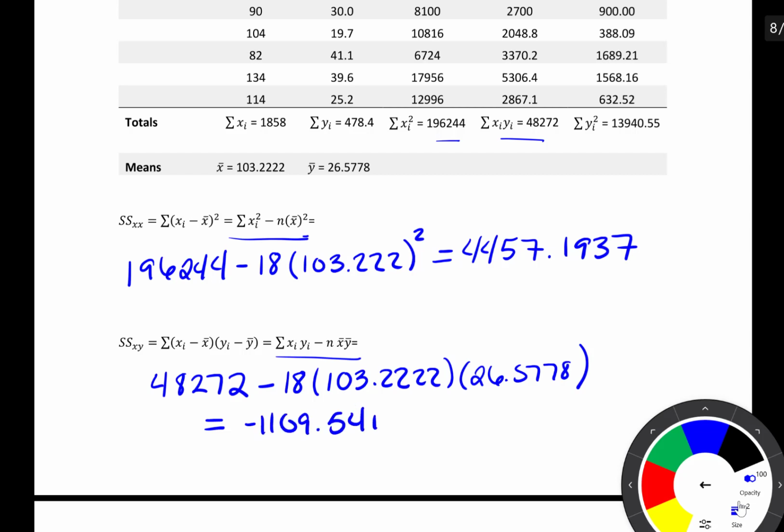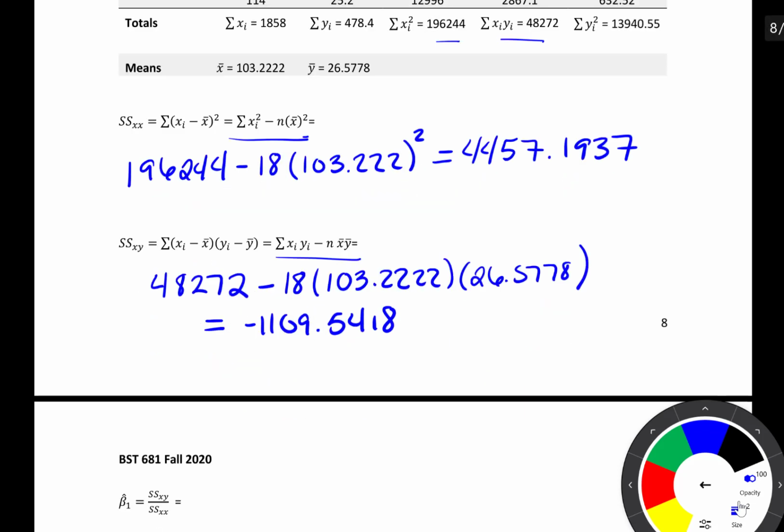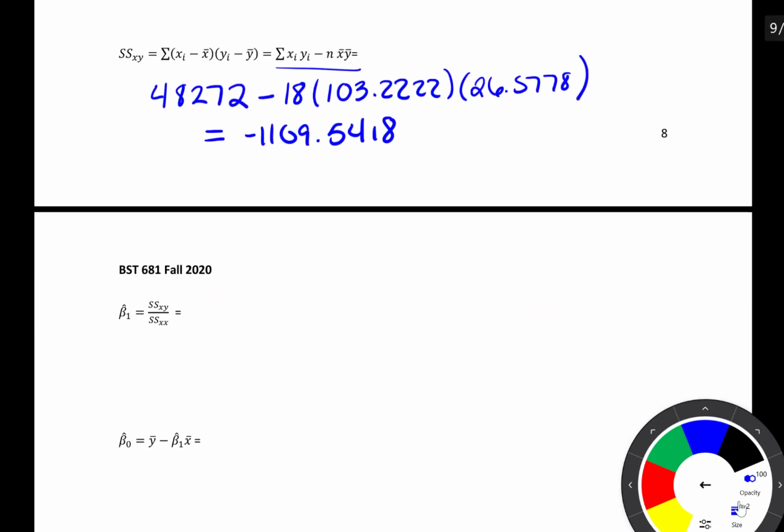And so now both of these values are going to help us actually find our estimates of the y-intercept and the slope. So the first one we're going to find is the estimate of the slope. So the first thing we're going to do is use those two values that we just found up above.